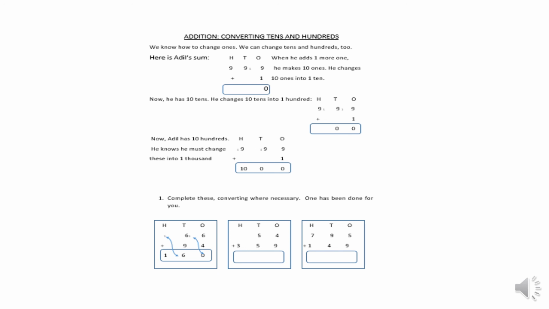We will write 4 in tens and will carry 1 to the hundreds. In hundreds we have 7 and 1, which makes 8, and with the 1 which is carried to hundreds, it makes 9. The answer is 9 hundreds, 4 tens and 4 ones.